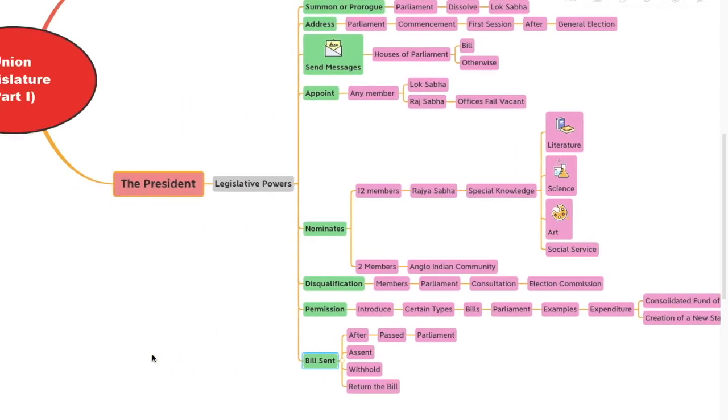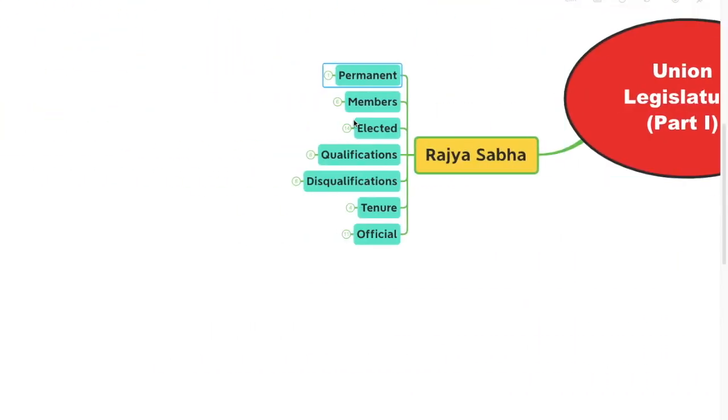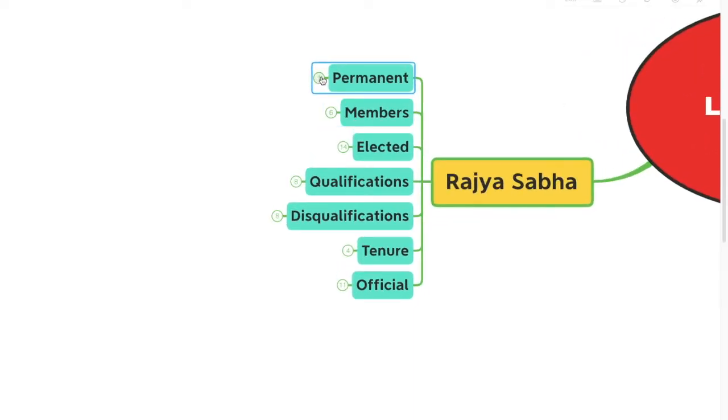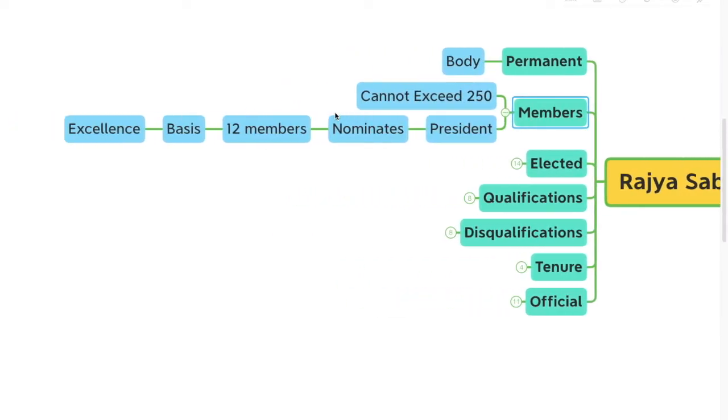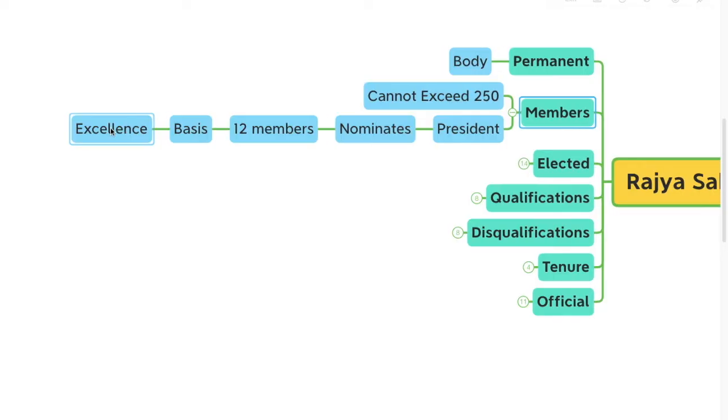Let's move to the Rajya Sabha. Rajya Sabha, or the upper house of the Parliament, is a permanent body as it cannot be dissolved. Its members cannot exceed 250. Out of these, the President nominates 12 members on the basis of their excellence, which we just spoke about a while ago.